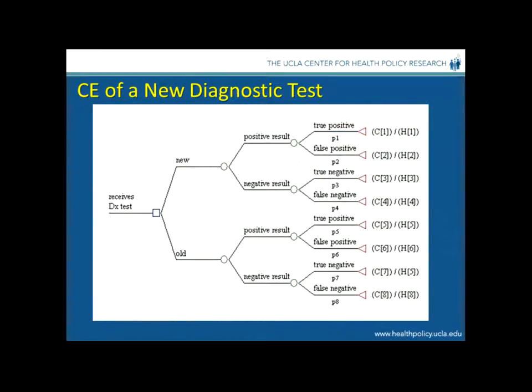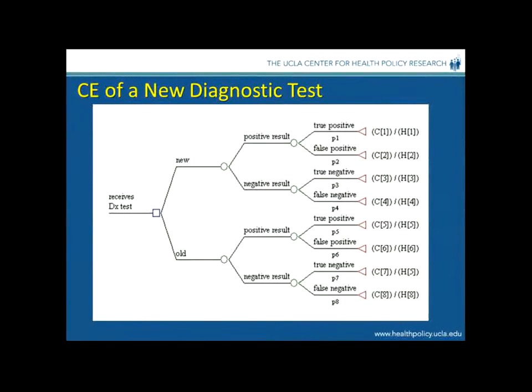So what's the general representation of the cost effectiveness of a new diagnostic test? Well, again, it can be simplified to comparing the old versus the new test. Both tests have positive and negative results, and each of those results can be true positives or false positives, true negatives or false negatives.